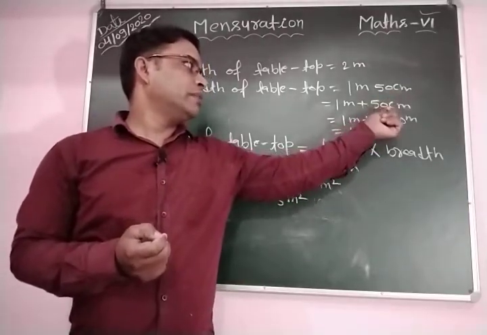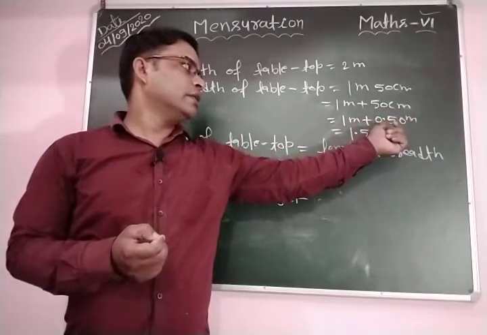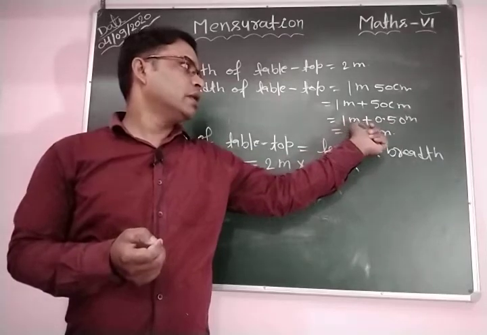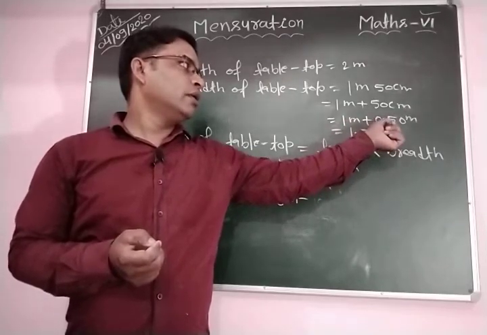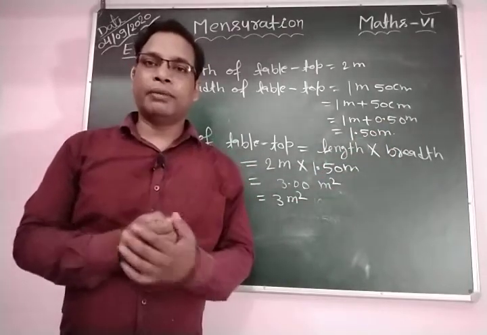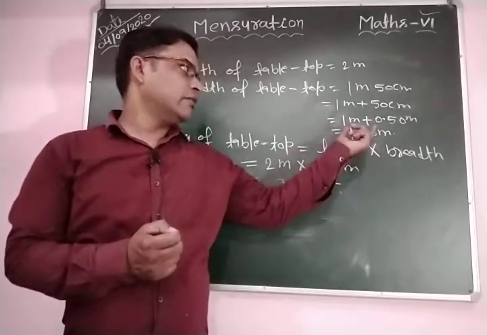Then 1 meter plus 0.50 meter is 1.50 meters. This is our breadth.